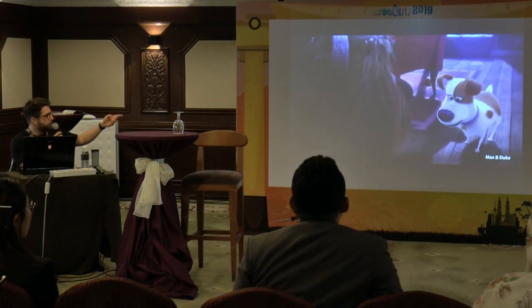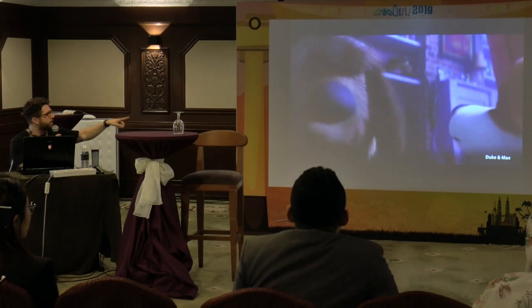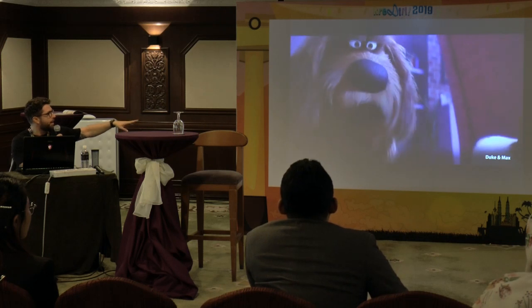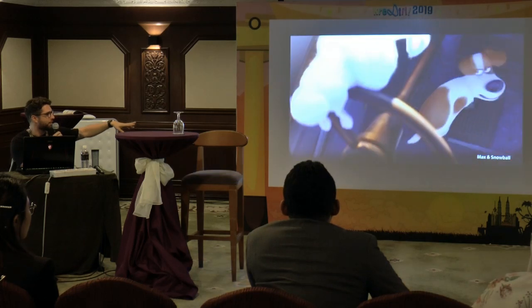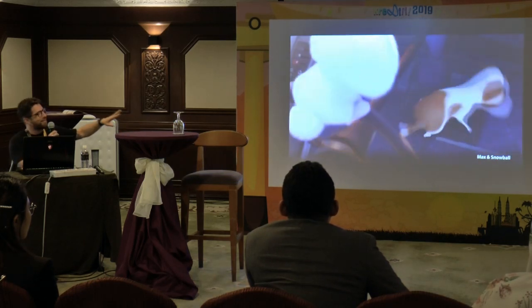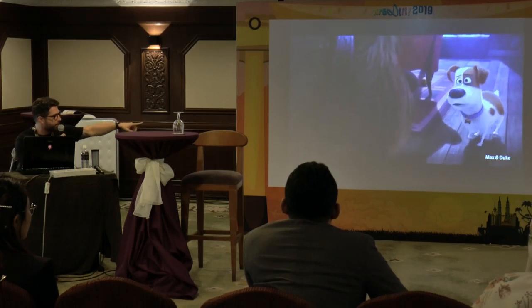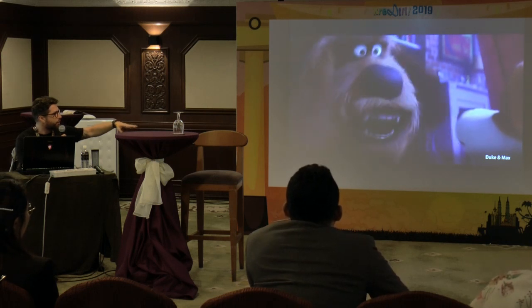This is another shot I did for The Secret Life of Pets. Here we can see Duke acting. Actually, it's me acting out all the shot. If you could see the reference, it would be funny to see because it's the same. But yeah, here we can see Max, for example. He's trying to get rid of Duke.